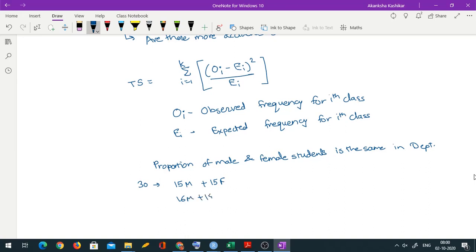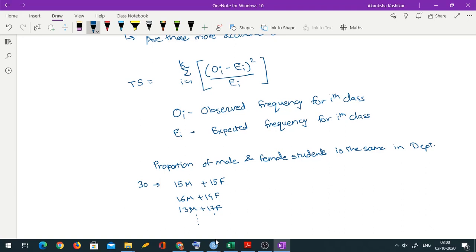Perhaps 16-14 or even 13-17 might be an acceptable ratio. We don't know. So how far can we say it's an acceptable ratio? 13-17 is acceptable, but is 11 and 19 also acceptable? Can we say that 11-19 has also occurred by chance and there is no special preference against or towards a certain gender?